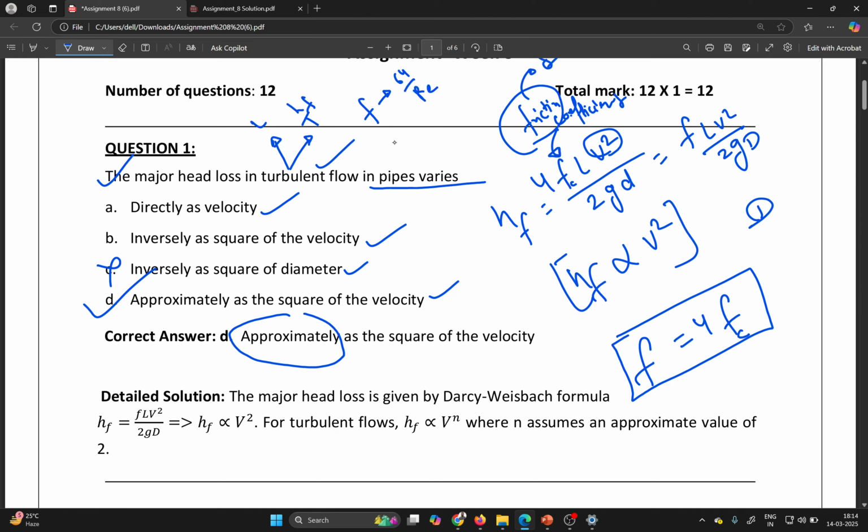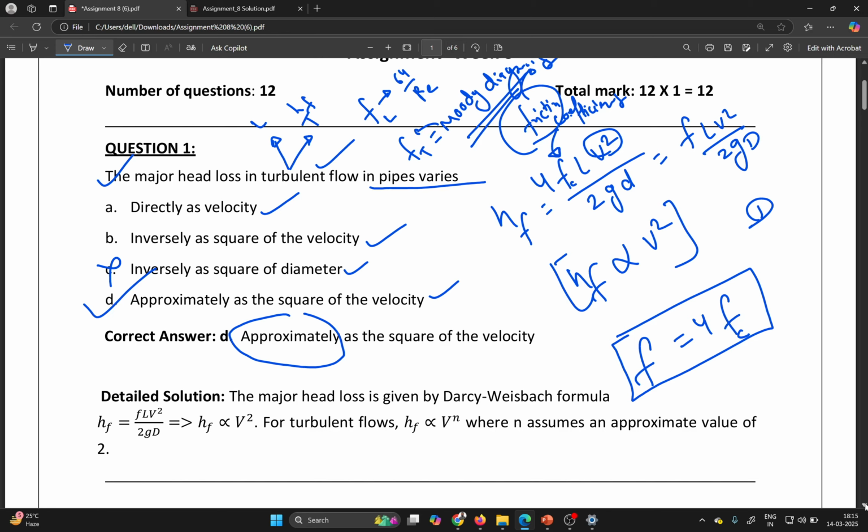In the case of turbulent flow, we calculate it using the Moody diagram. The Moody diagram is based on one equation, which I'll explain in the later slides.